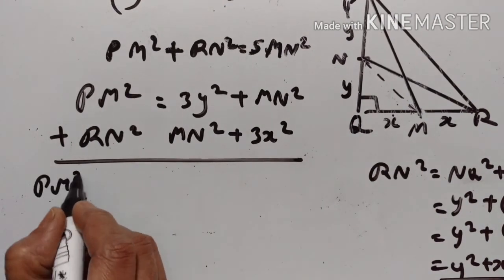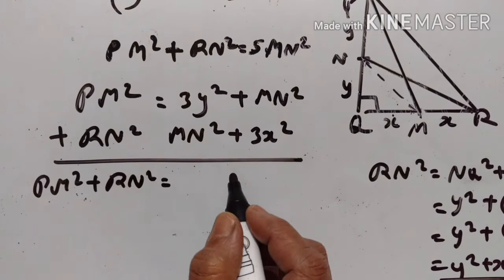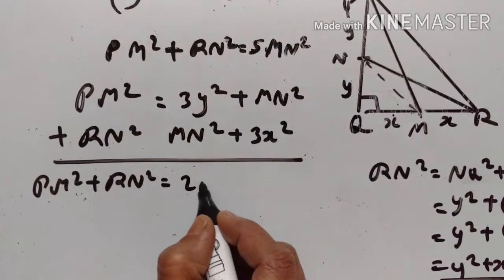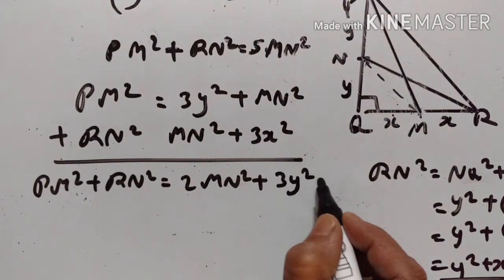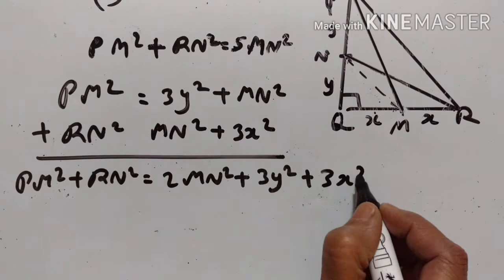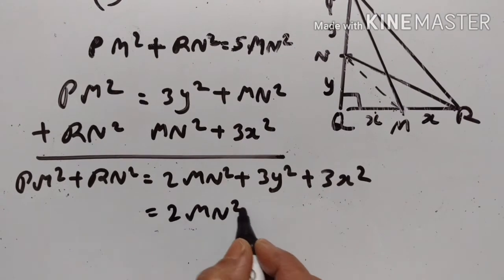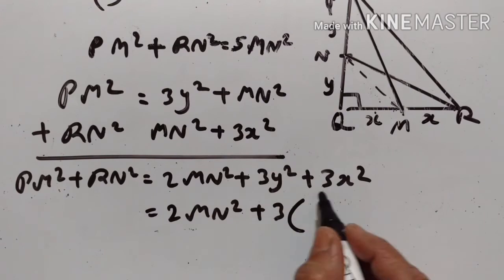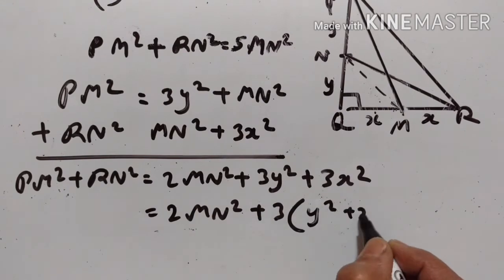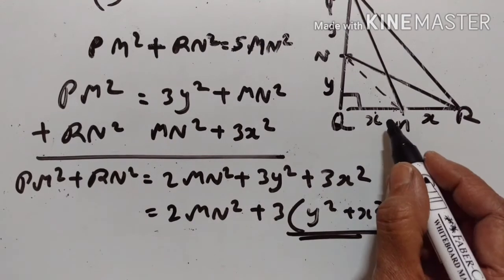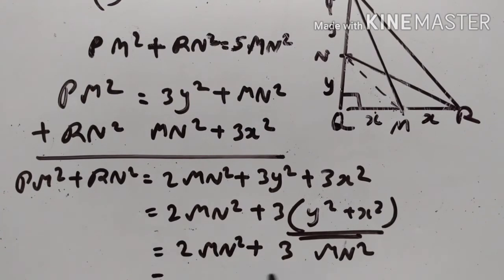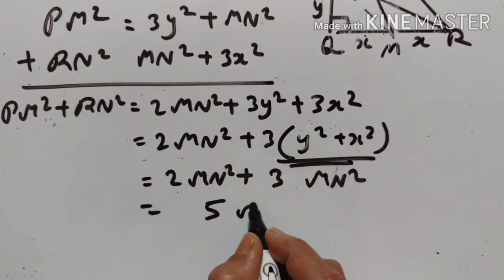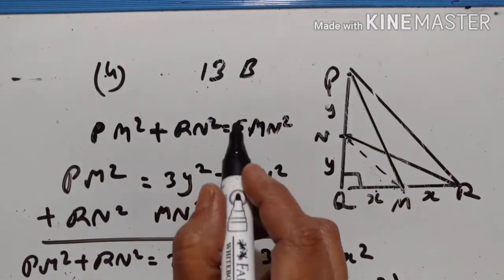PM square plus RN square is equal to MN square plus MN square, 2MN square plus 3y square plus 3x square. 3 is common, 3 comes out, y square plus x square. So y square plus x square is equal to what? Again it is MN square. So 2MN square plus 3MN square is equal to 5MN square. Proved.